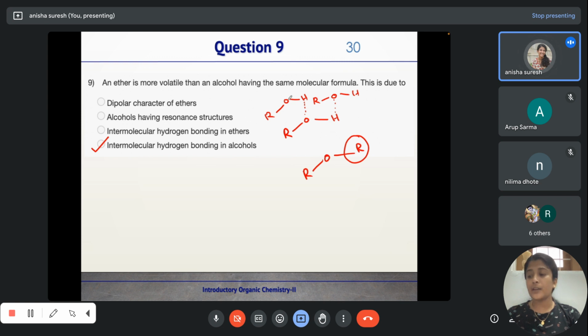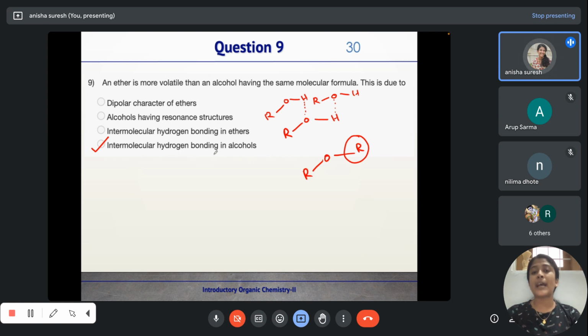Alcohols will be having oxygen and hydrogen which can undergo hydrogen bonding interaction. Because of that, alcohols will be having a greater boiling point. But in the case of ethers, there is no hydrogen atom that can undergo hydrogen bonding interaction. Because of that, the boiling point of ethers will be lesser. Hence, they will be more volatile than alcohols. Clear, right?